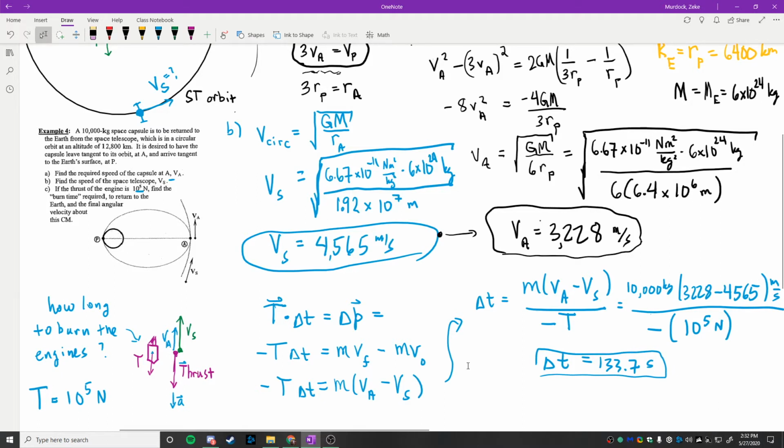Okay. So that's how long it has to burn the engines. There's actually three questions here.